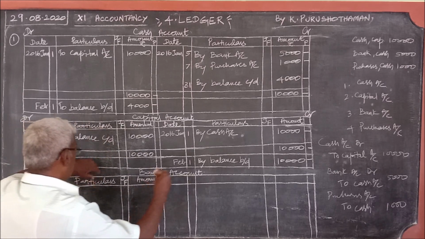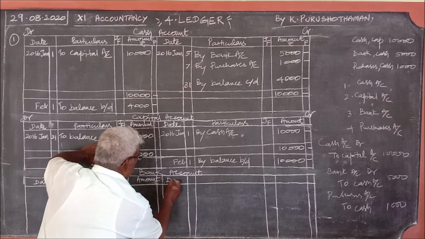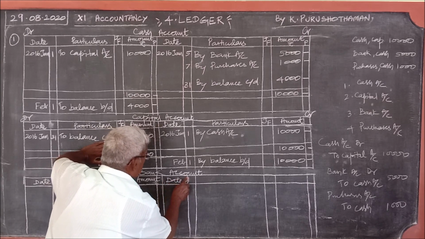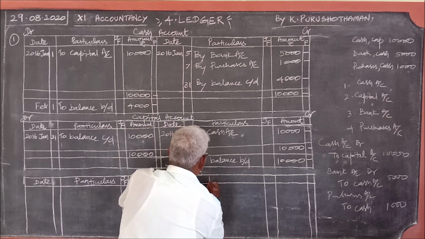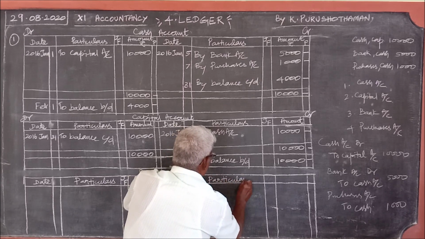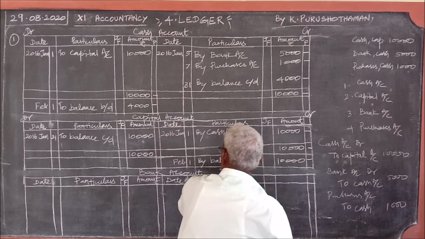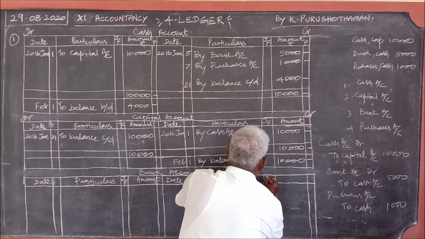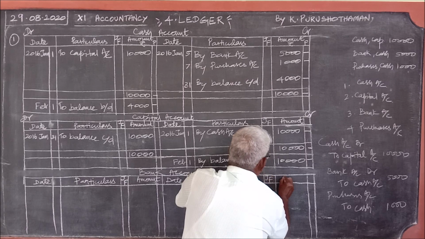The same thing on the credit side also: date, then particulars, JF, amount.